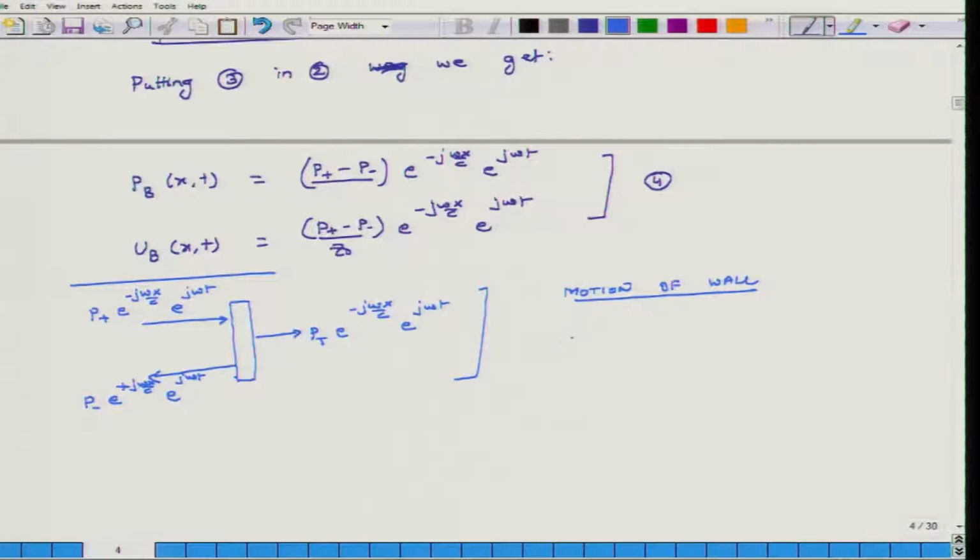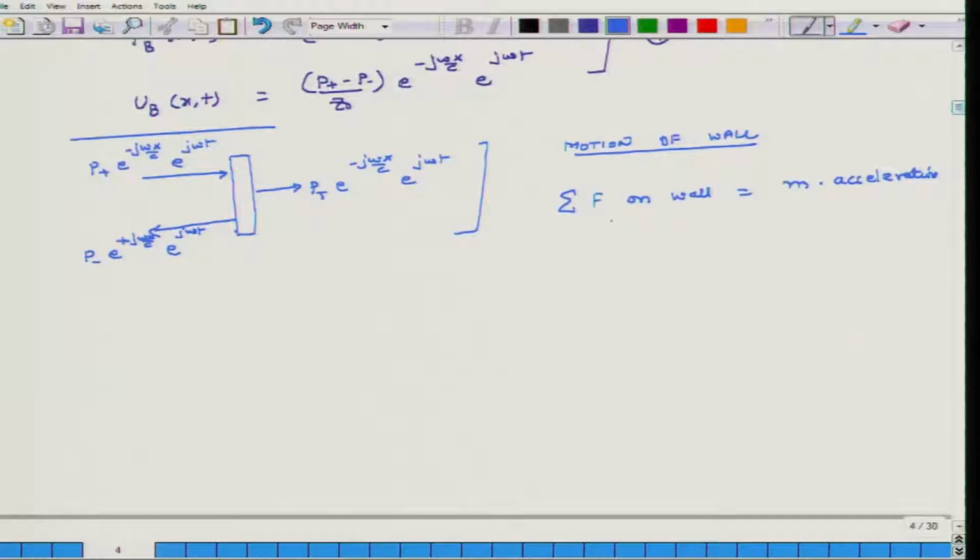The total force on the wall is equal to the mass of the wall times acceleration. So this is the equation we will develop.